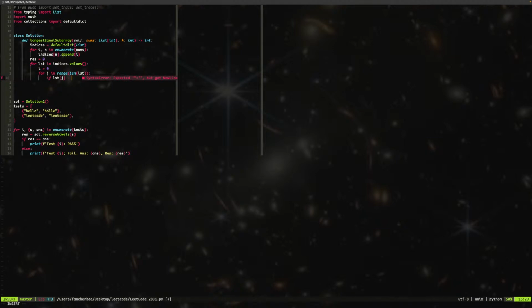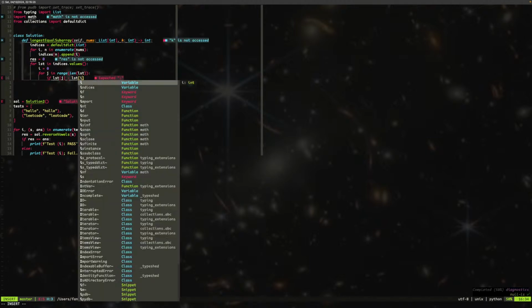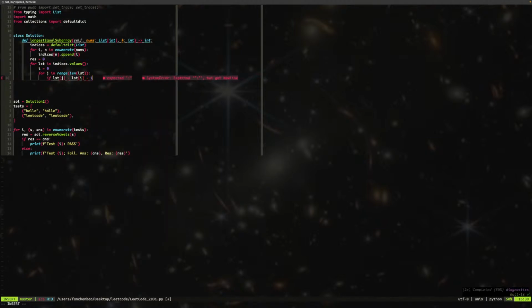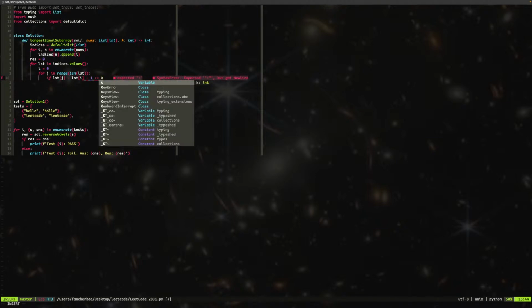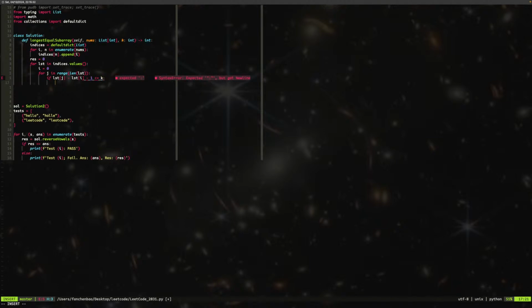Yeah, the amount between the two minus list i minus 1 is smaller or equal to k, then res equal to maximum res.